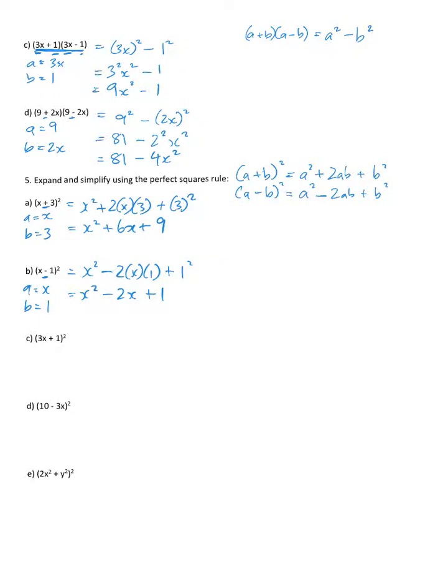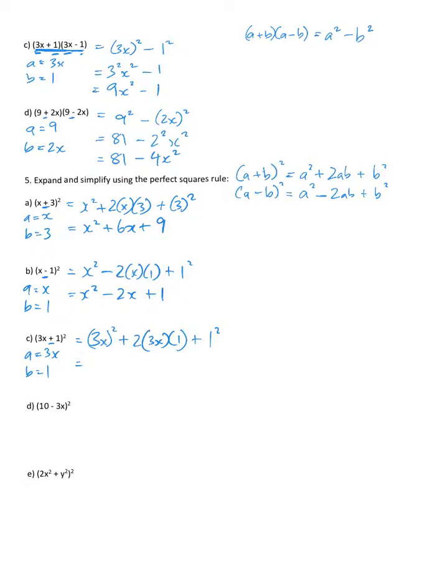This next one, it's an addition, so it's the first shortcut. A is 3x, so slightly more complicated this time. B is 1, so the answer is a squared. This time a is 3x, so you're squaring the whole thing there, plus 2 lots of a, which was 3x, times by b, which was 1, plus b squared, which is 1 squared.